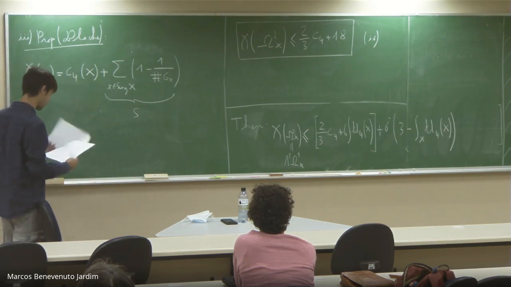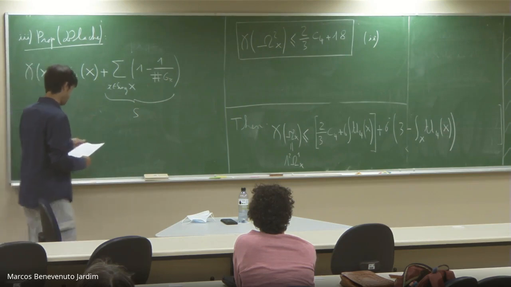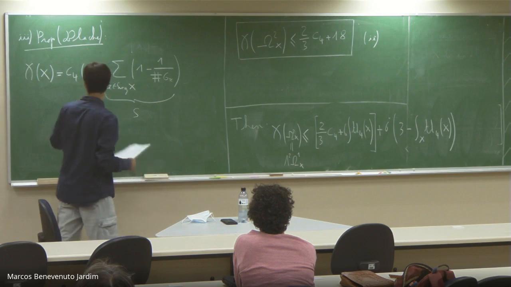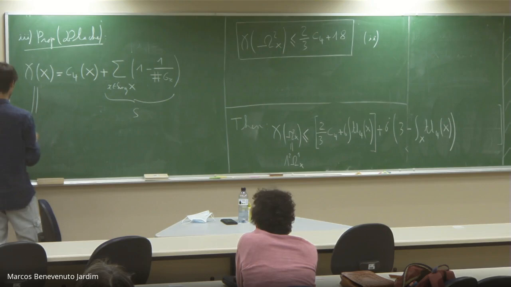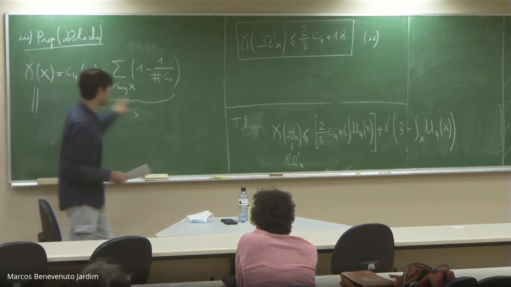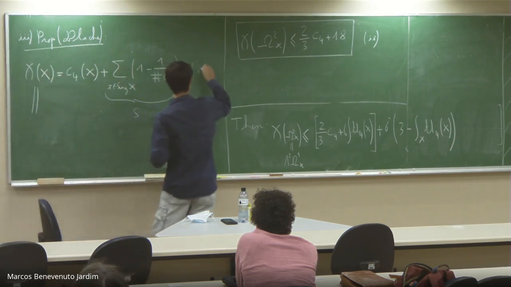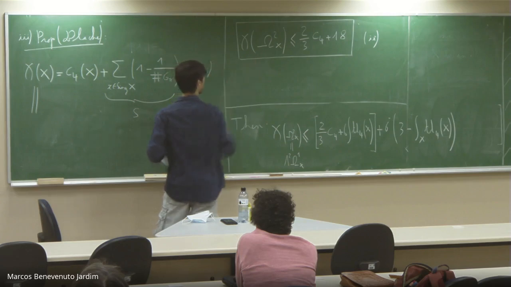Okay, so I can combine. Here the Euler characteristic, I can also express it using the Hodge numbers. And I can combine these two equations. So this is the equation 3, and this is the equation 2.